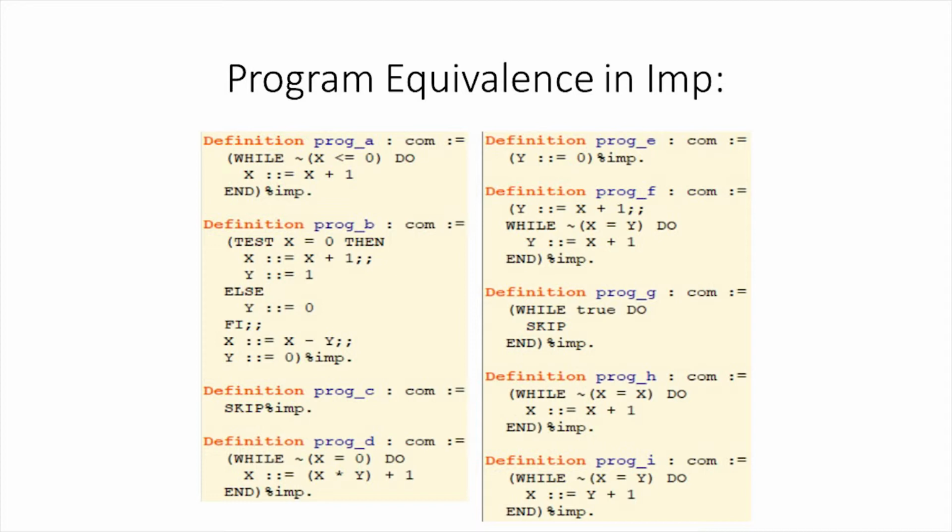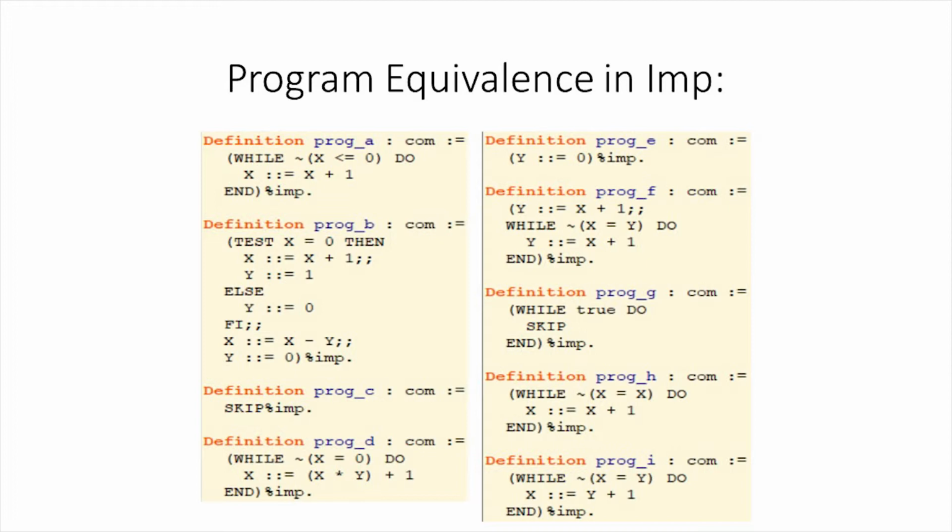Finally, we see that programs F and G are functionally similar. In program F, what we have is y being set to x plus 1, and then the test is for x not being equal to y. We set y equal to x plus 1. So we have inequality between x and y, rather. So it's always going to be true that x is unequal to y, and it's just going to loop endlessly.